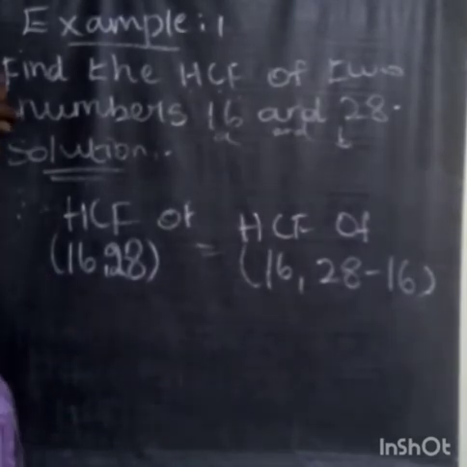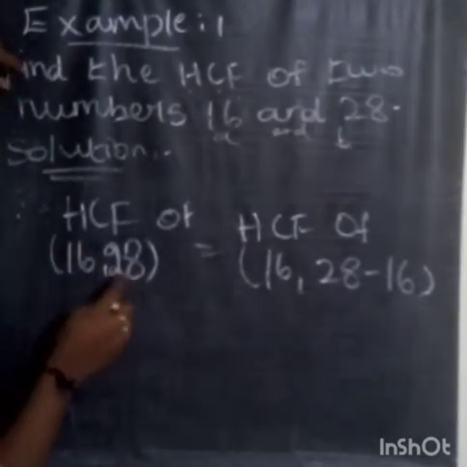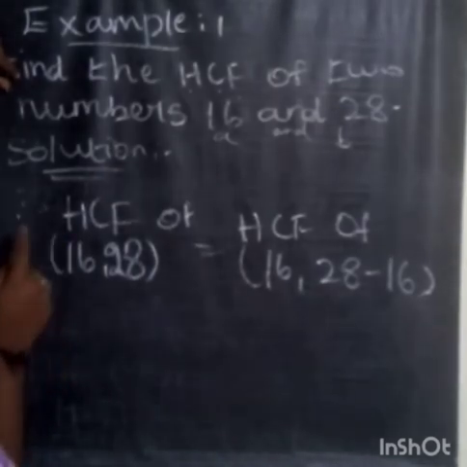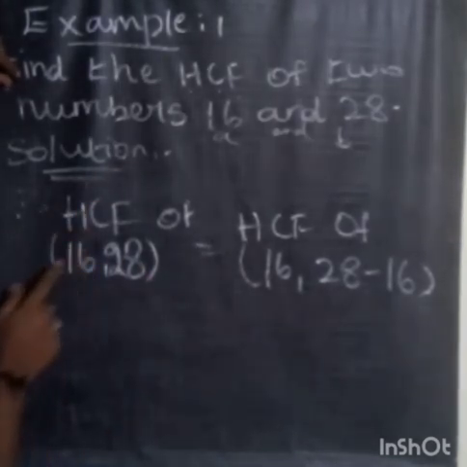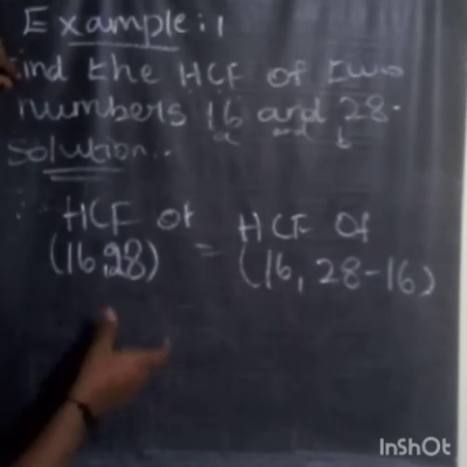Hence the HCF of two numbers A and B, with A greater than B, is the same as the HCF of A and A minus B.